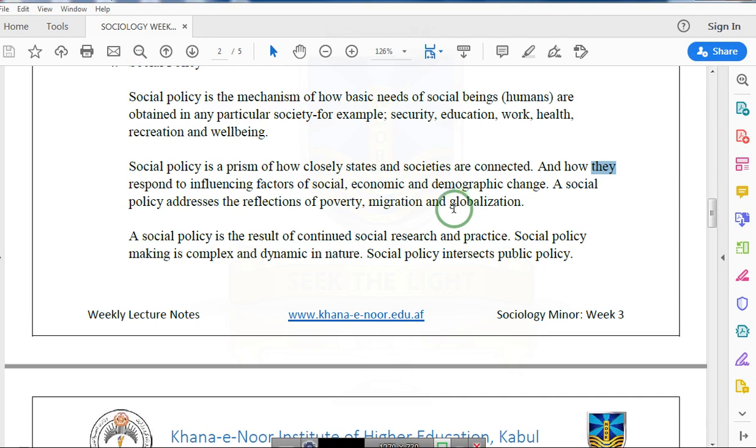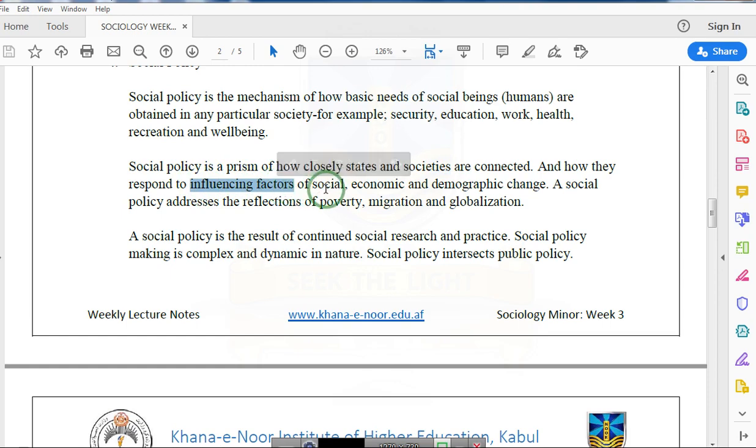It means we need to understand what are the basic dynamics of social policy. A social policy tells us how closely states and societies are connected and how they respond to influencing factors, factors that would influence both of these states as well as societies.